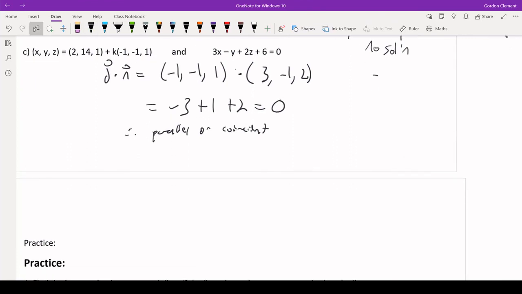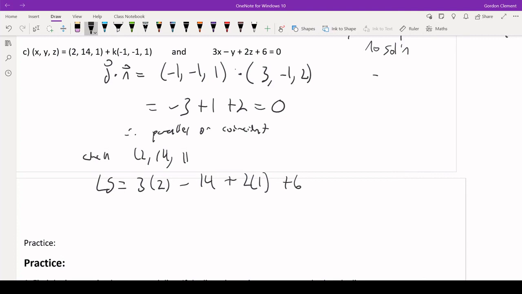And again, same sort of idea. All we need to do is check the starting point. So we're going to do 3 times 2, this is the left side, minus 14 plus 2 times 1 plus 6. So we get 6 minus 14 plus 2 plus another 6.